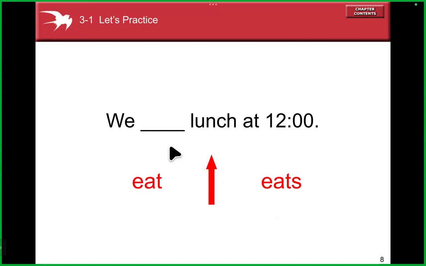Eat. Thank you. Yes, that's the correct option. The subject is the personal pronoun we, so we don't need to add the letter s, the suffix, to the base form of the verb. We eat. We eat. Good.